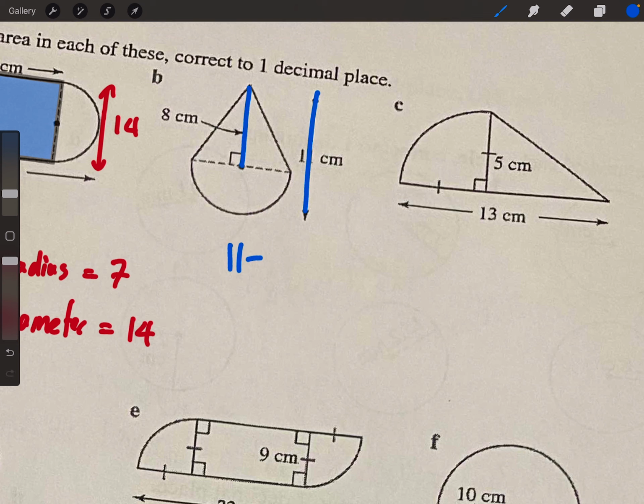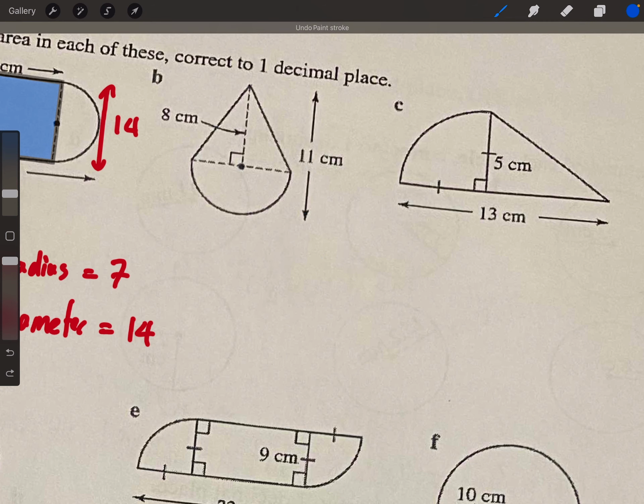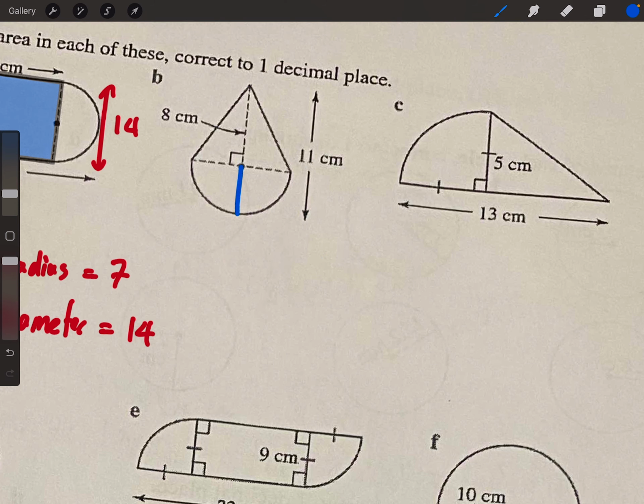Now 11 take away 8 would give me 3. So that means this distance here must be 3, because 3 plus 8 is 11. Now this distance also happens to be the radius of this circle at the bottom.